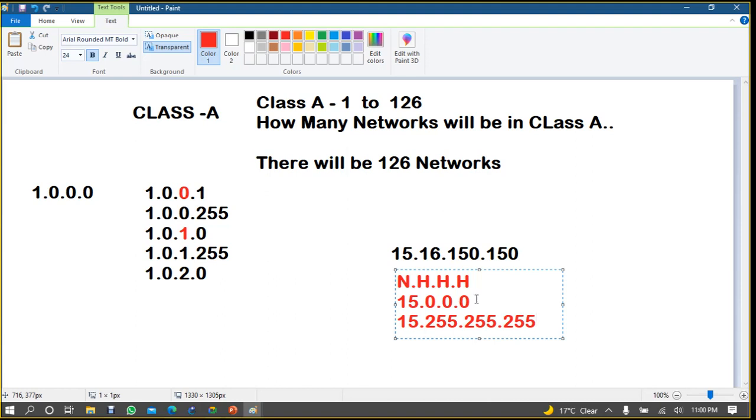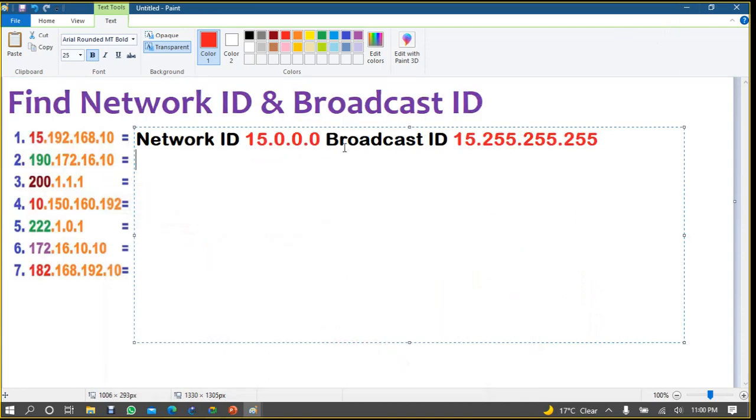So this is known as network IP or ID, and this one is known as broadcast ID or IP. So same here, if someone gives you this IP address and asks what the network ID is, this IP belongs to class A, so it's 15, and the others will be 0.0.0 as the network ID, and the broadcast ID will be like that.